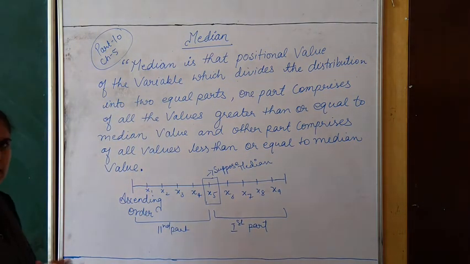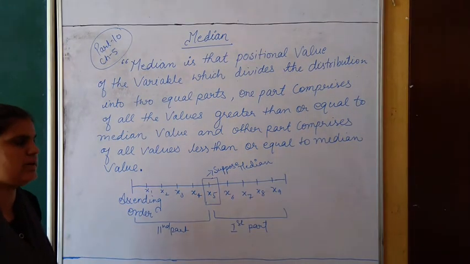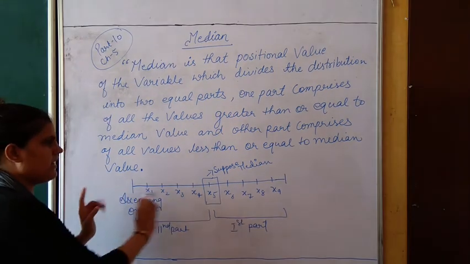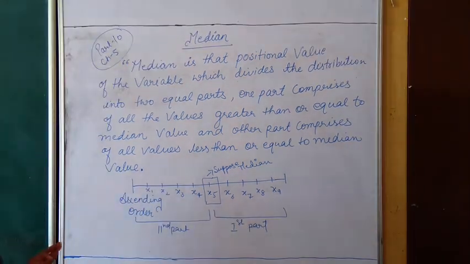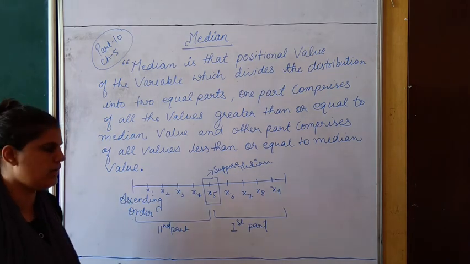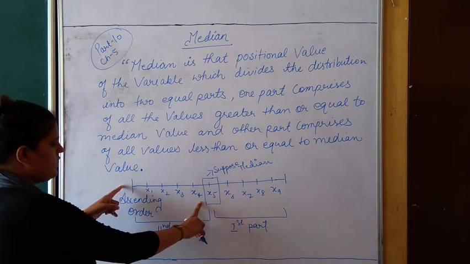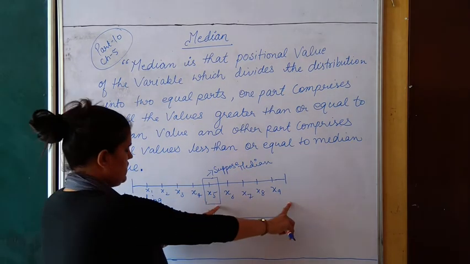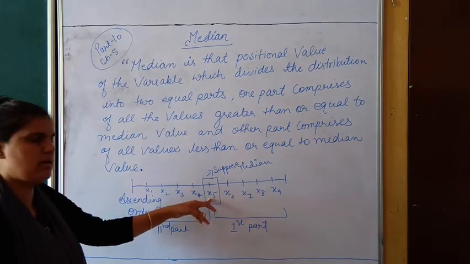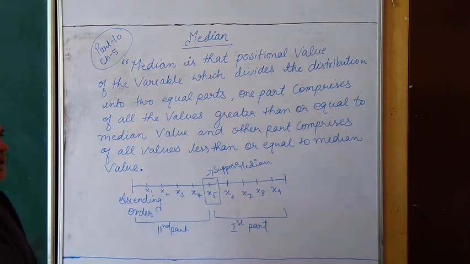So whenever a data is there and we have a median value, that median value will divide the given data into two equal parts, as I have represented here in front of you by arranging the data in ascending order. And children, here you can see this much portion is showing your second part and this much portion is showing your first part, and it is completely in the middle of the data.